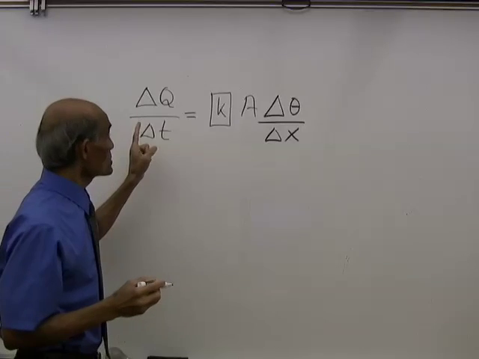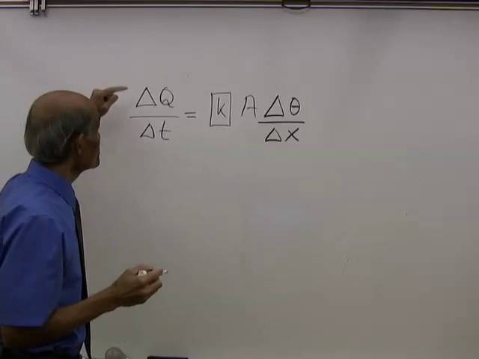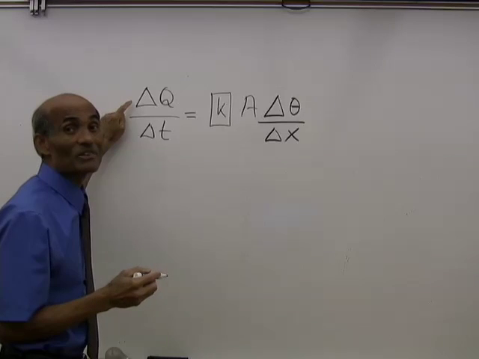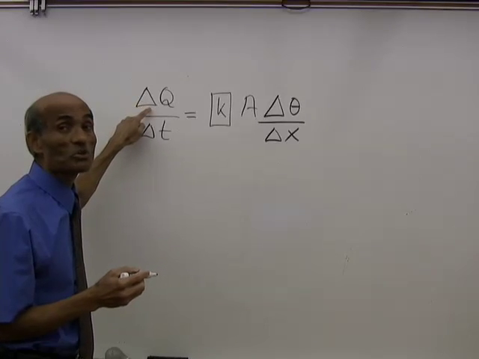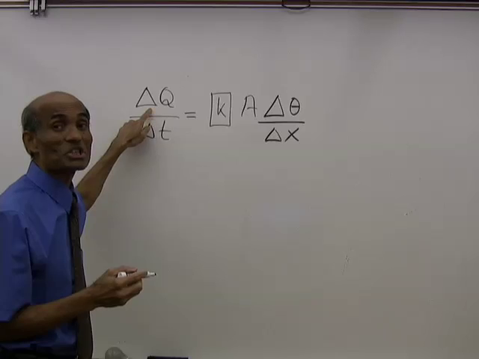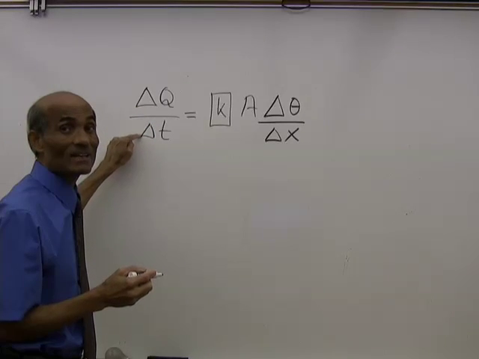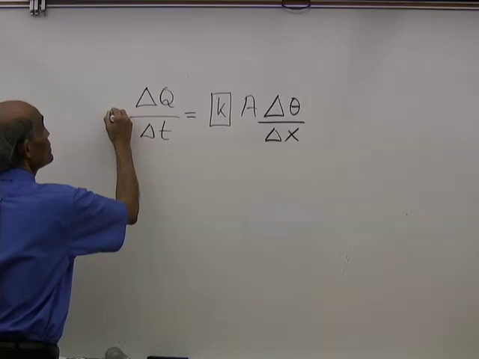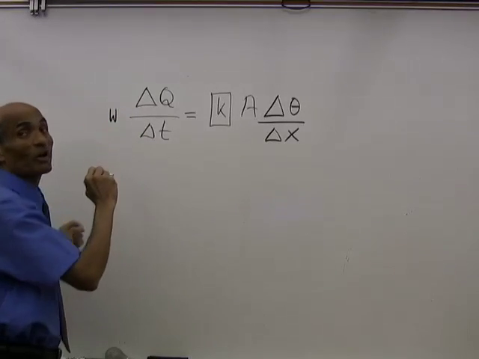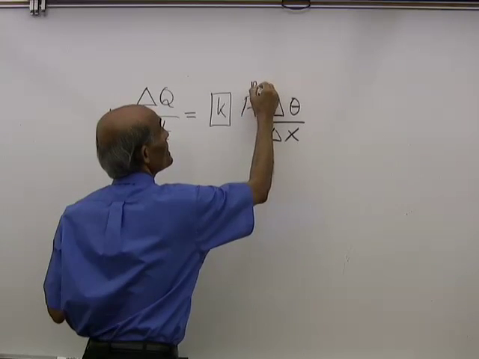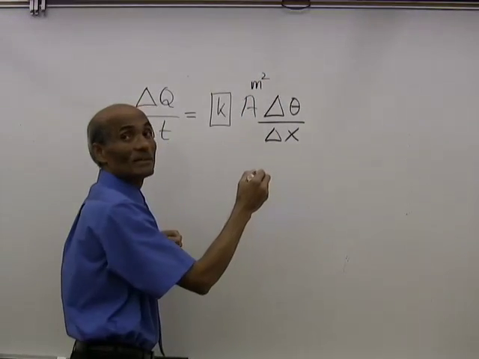Alright, let's talk about the unit. What is the unit of the thermal current, delta Q over delta T? Delta Q, the amount of heat, is measured in joules, so this is joules per second. Therefore, the unit of this will be a watt. The unit of area will be meter squared.